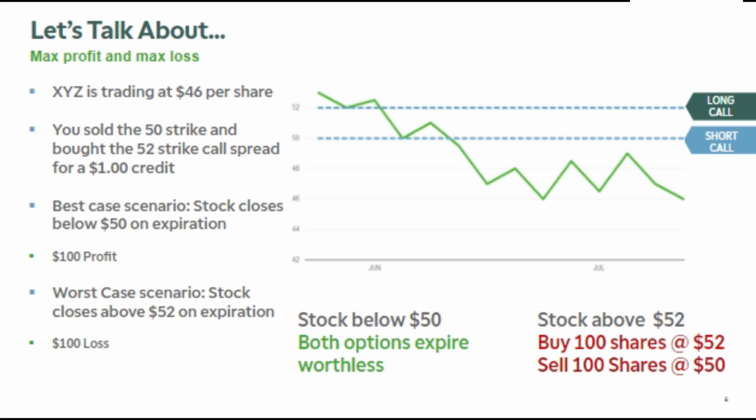If it goes up above 52 before expiration, there's a chance that the 50 could get assigned to us, but it's not likely. Anytime an option is in the money, the owner of that option has the right to exercise, but it's not likely that they will unless it's deep in the money or we are basically at the expiration date. Again, I talk about that in the video, so make sure you consult that video. Try to do it after today's show.